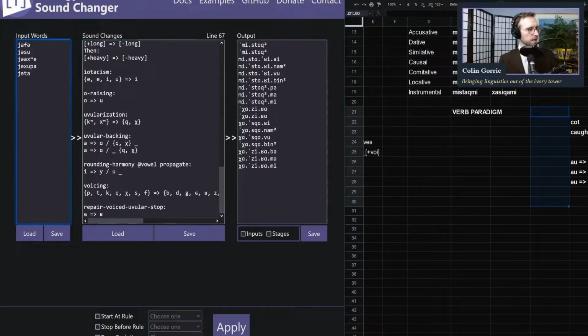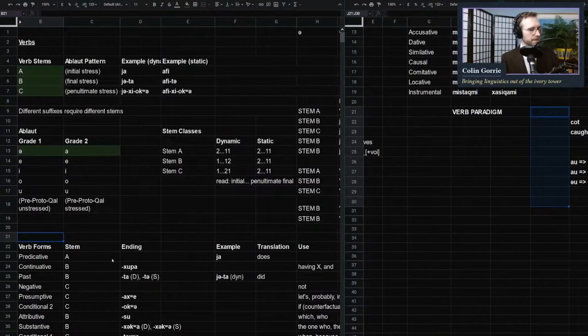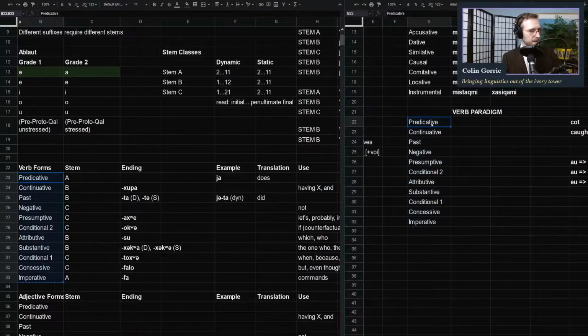So let's take a look. Let's write down what we have here. We have all these different endings, all these different verb forms. Why don't we just put them here, and we have endings like so.